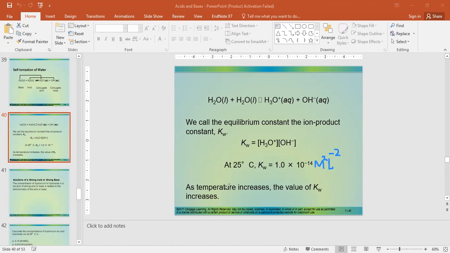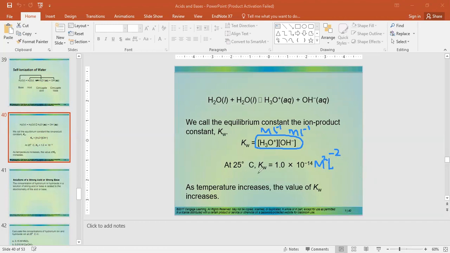And where is that one coming from? It is coming from this product here. Remember this concentration, and this is moles per liter. This is also moles per liter. And when you multiply the two, you get moles squared per liter squared.